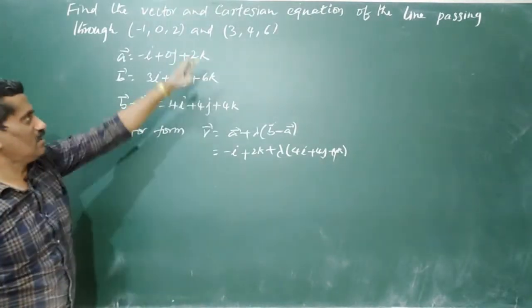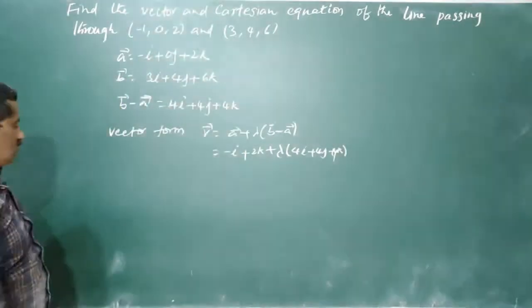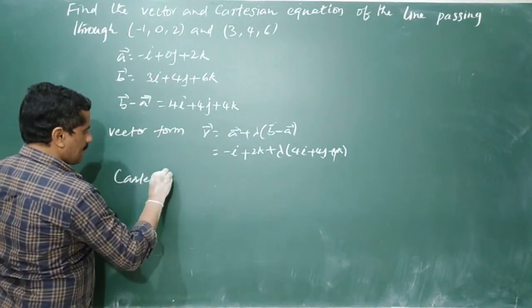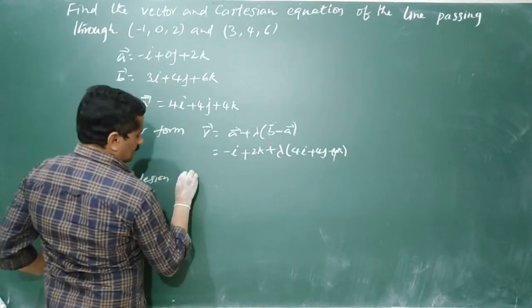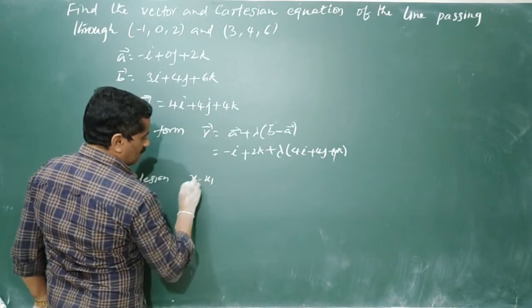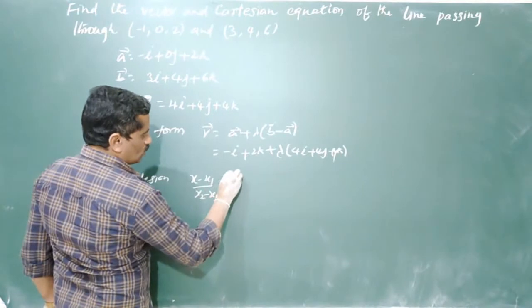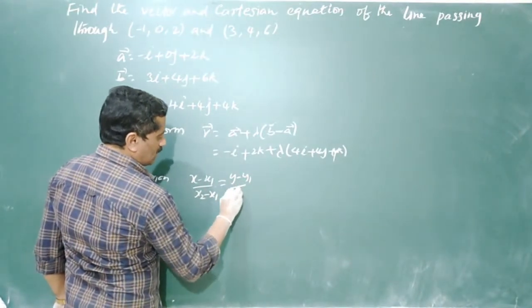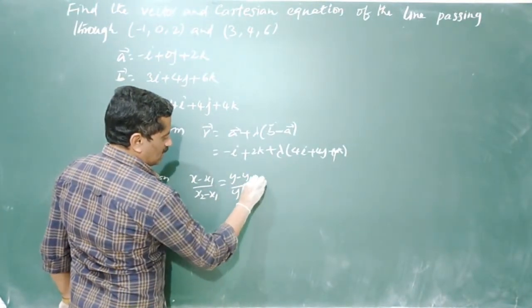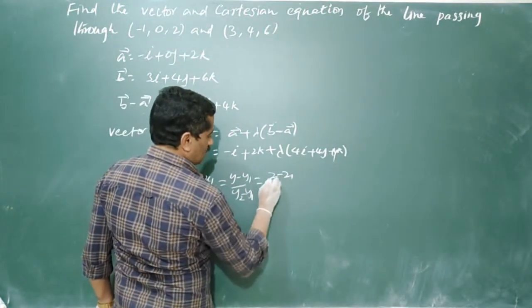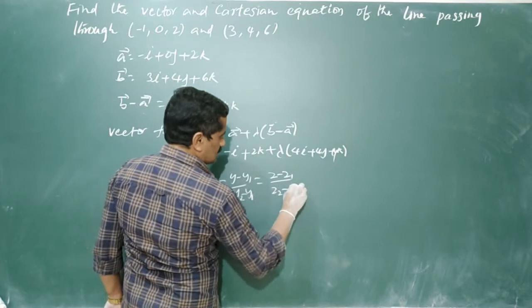Next we need to find the Cartesian equation. So that is the Cartesian form: (x minus x1) by (x2 minus x1) is equal to (y minus y1) by (y2 minus y1), that is equal to (z minus z1) by (z2 minus z1).